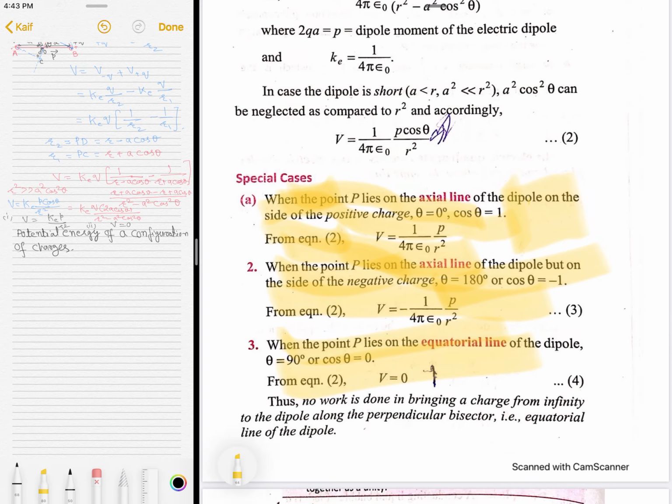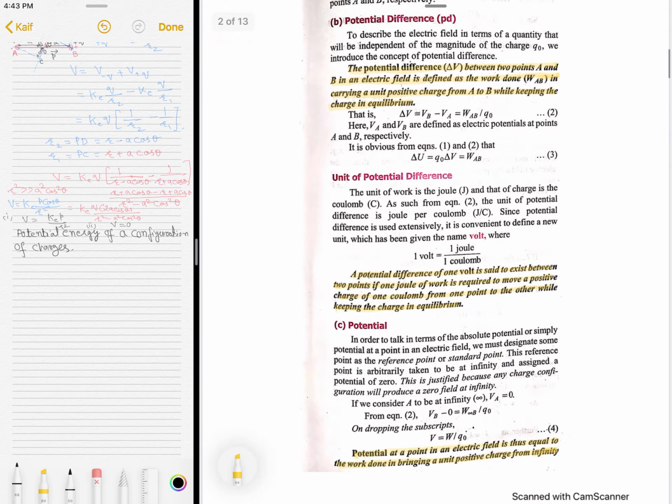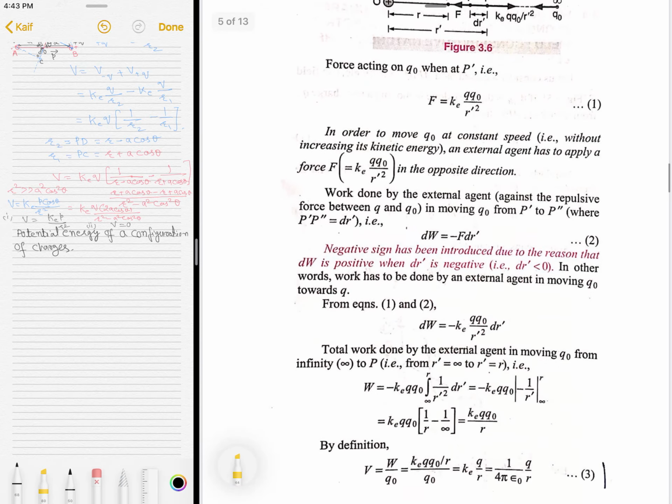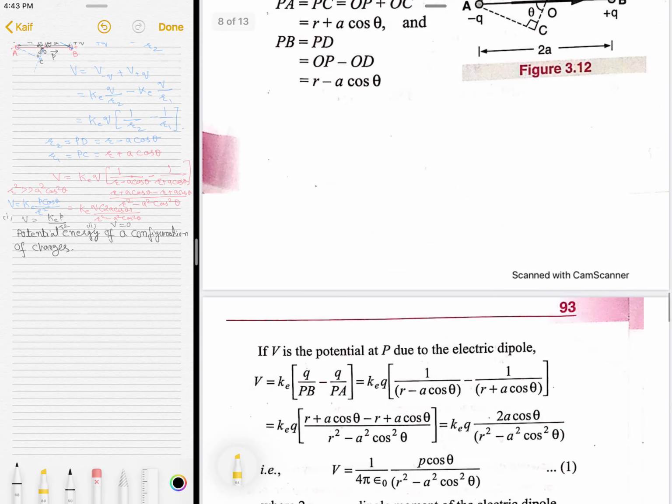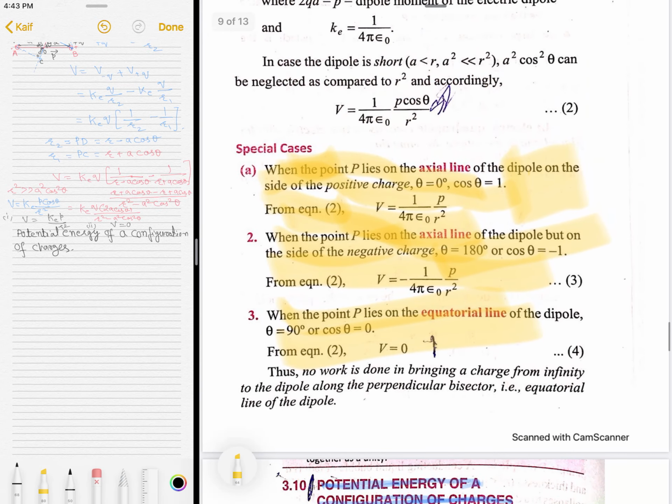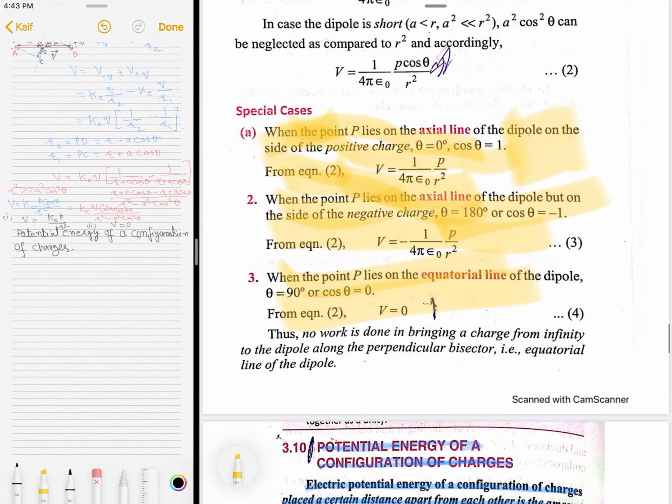So, V will be as given. In the second case, when the point P lies on the axial line of the dipole, but on the negative side, then theta will be 180 and V will be negative 1 upon 4 pi epsilon naught P by R square. 1 upon 4 pi epsilon naught is the value of electrostatic constant K subscript E. And on the equatorial position theta is equal to 90 degree. So, V is equal to 0.